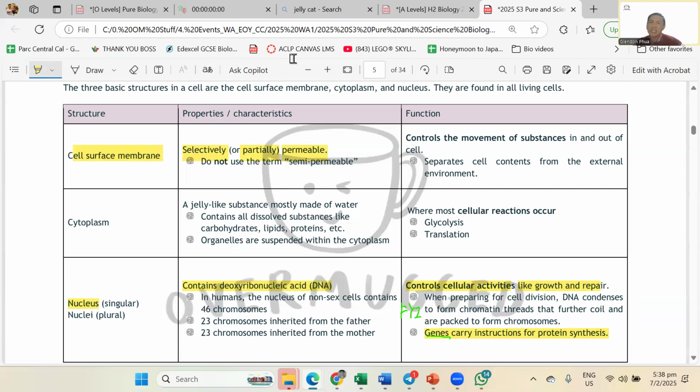Semi is like, okay, I let half the Singaporeans in, I let half the refugees in. Half. No way. Mr. Pua cannot half go in. I will die. And just as how it controls movement into America, the cell surface membrane controls movement of substances into the cell. Then within America itself, where Taylor Swift is driving around having all her concerts, that is the land.